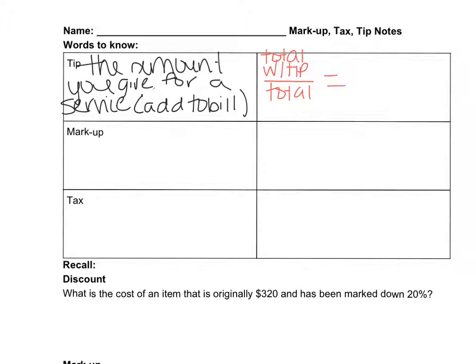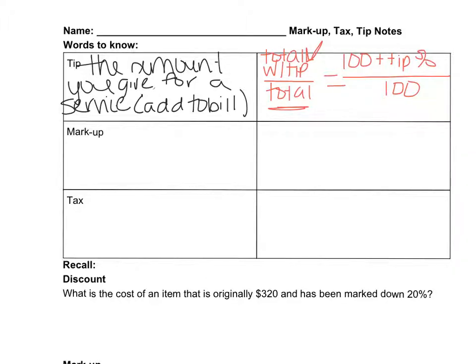And then equals, now here, the difference is you're going to put 100 plus the tip percent, all over 100. Now the reason that makes sense is because you are going to pay all of your total plus an additional amount for a tip. So you're paying 100% plus a percent more, okay?